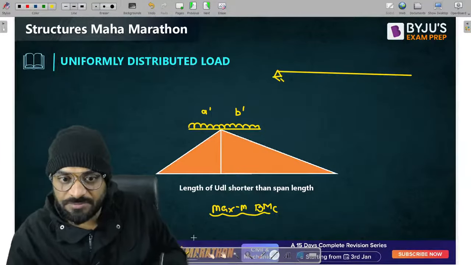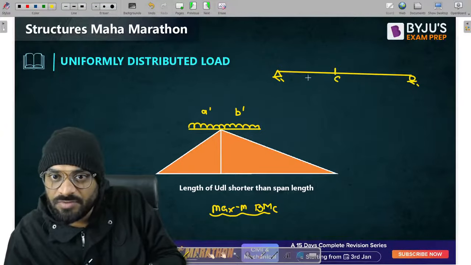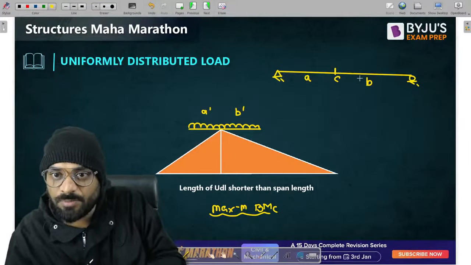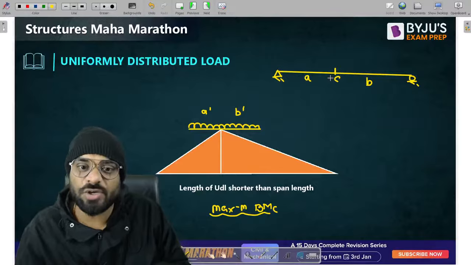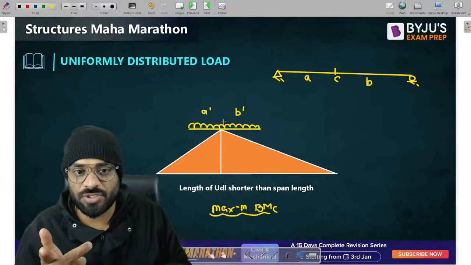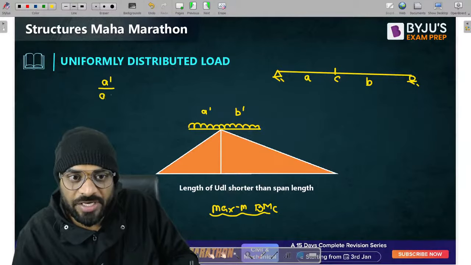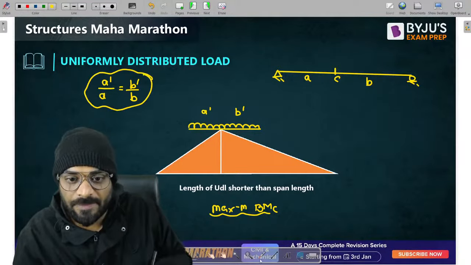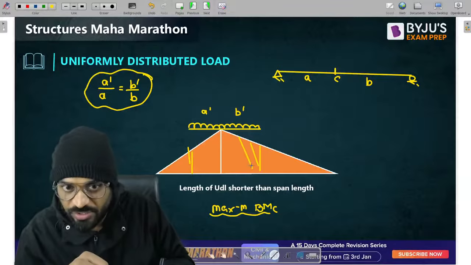Let me show you that. Let us suppose this is our structure and this is section C, which divides the structure in a proportion of A to B. So you need to put the UDL so that section C divides the length of the UDL in the same proportion, like this, right? So guys, this should be our ratio: A dash by A is equal to B dash by B. Getting the point? Then you just cover the area under the UDL, multiply by the UDL intensity, and you will get your answer.